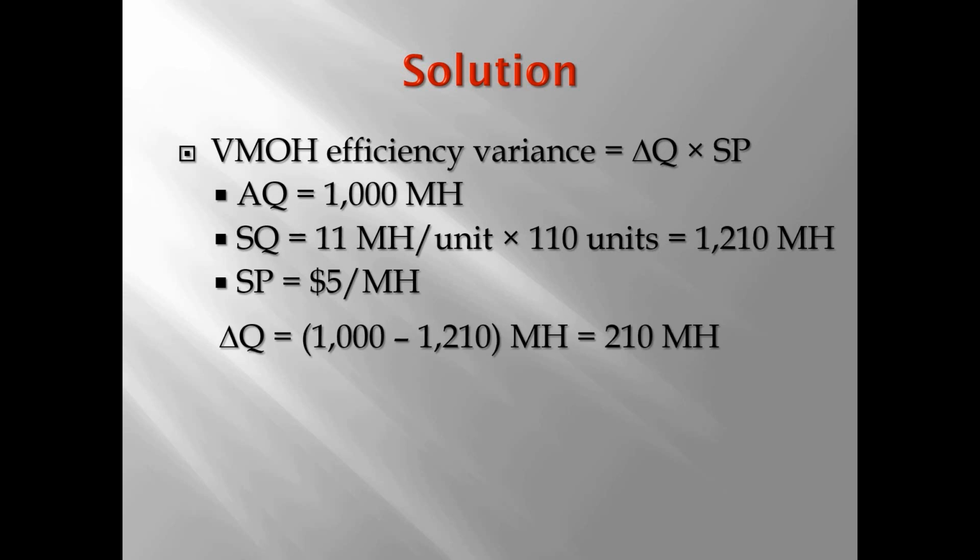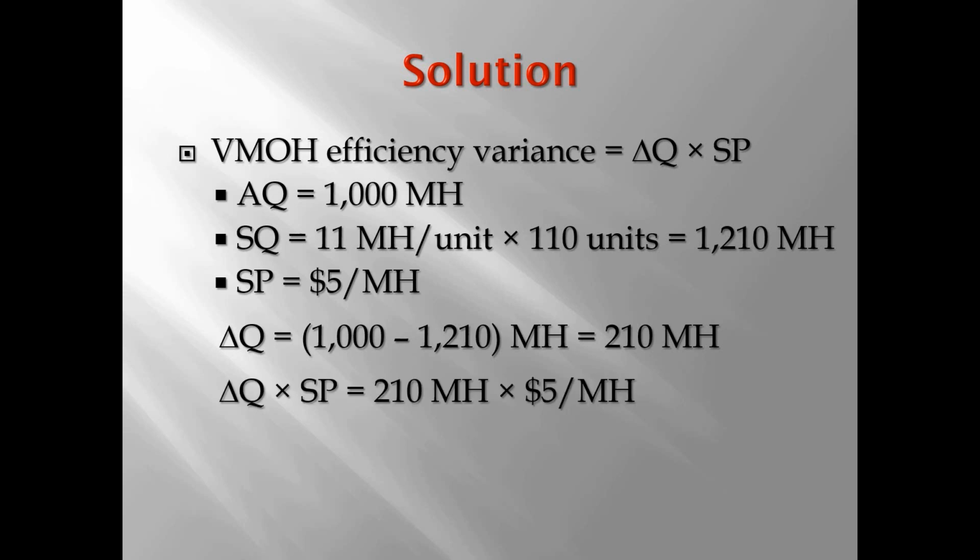So, the difference in quantity between what the firm actually used and what the firm would have expected to use for 110 connectors is 210 machine hours. The firm used fewer hours than expected.